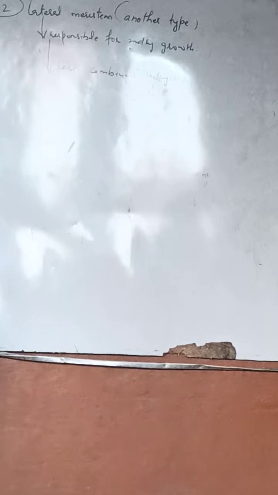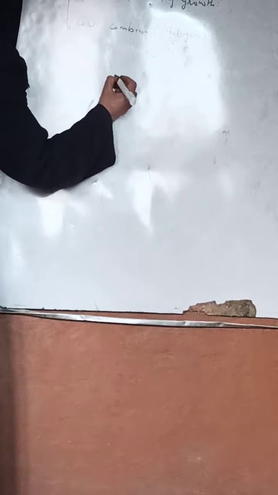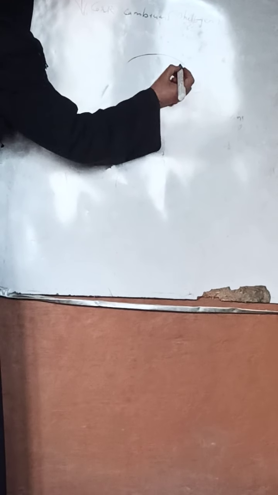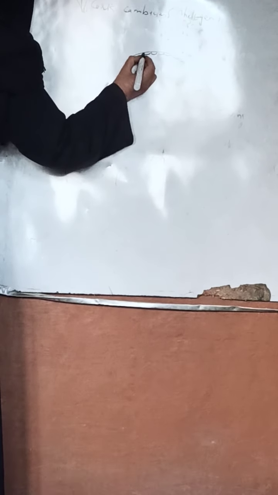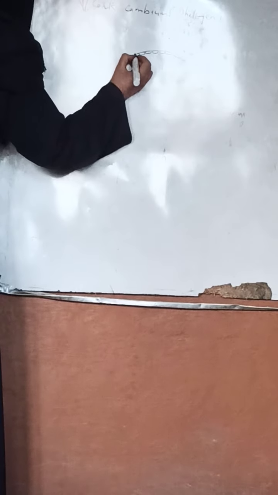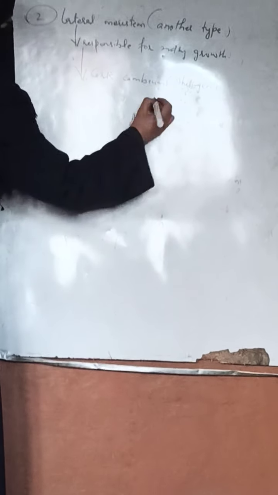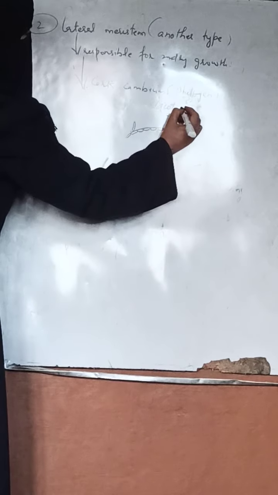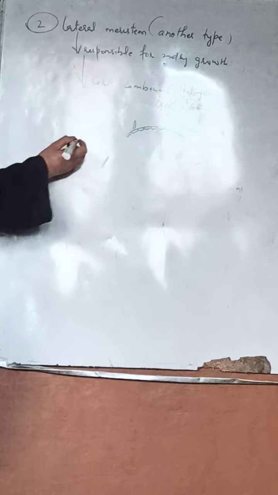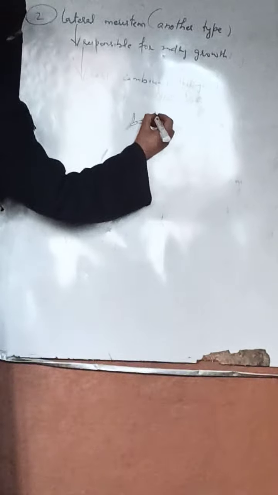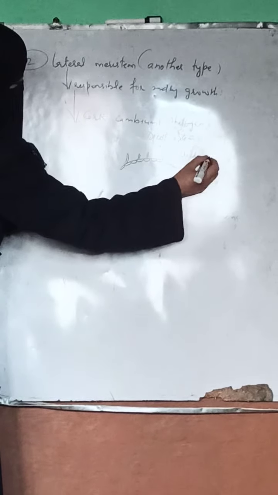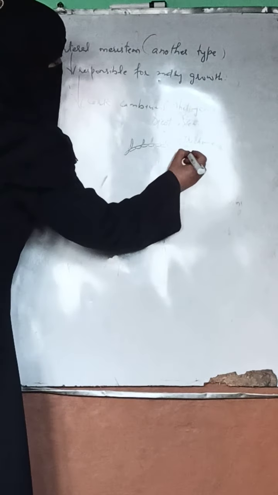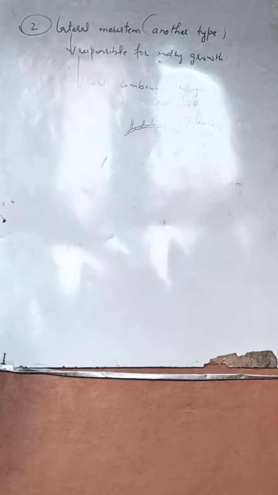Now, when we talk of the dicot stem, we have seen there are trichomes. For example, this is the dicot stem, this is the epidermis, and we know that there are trichomes present upon the epidermis.